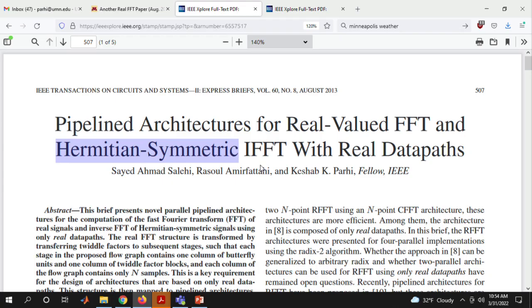a conjugate symmetric sequence. So if you start with a real signal, take the FFT, that's conjugate symmetric or Hermitian symmetric, if you want to think about it, and then you take the IFFT of the conjugate symmetric sequence, then the output is real.